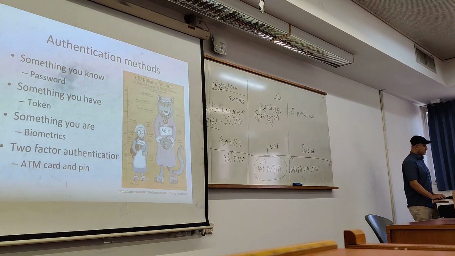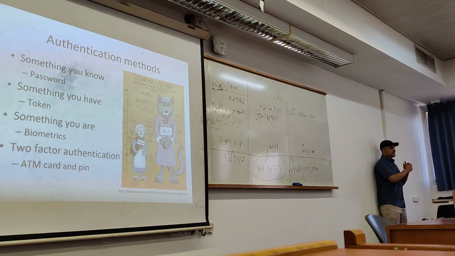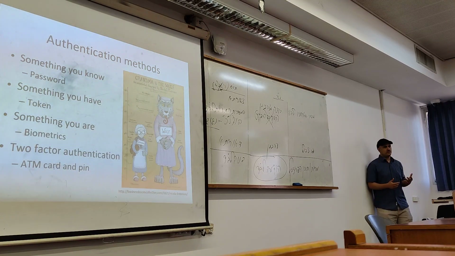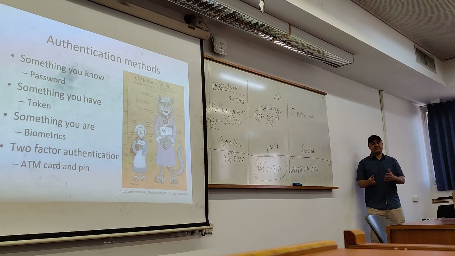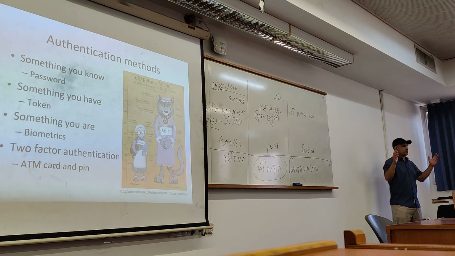And something that you are. So something that you know, something that you have. Something you know could also be a secret, not just a password, like the answer to a question.